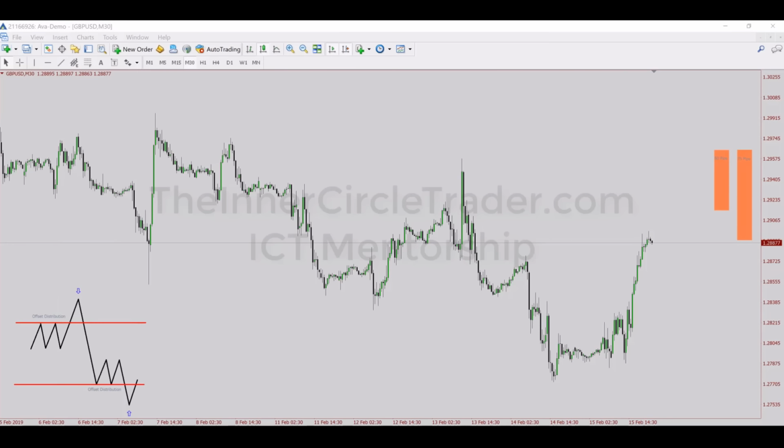Okay, so without going into running off at the mouth about why cable was bearish, just look at the market commentary for the week of February 15th to Friday. The analysis that was shared prior to that, we obviously mapped this out for bearishness.